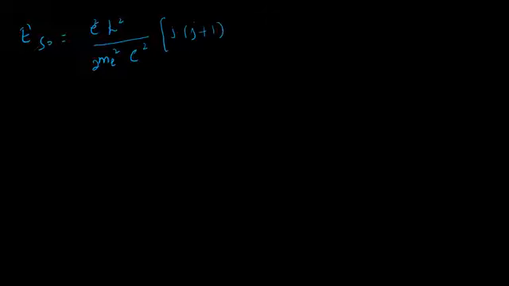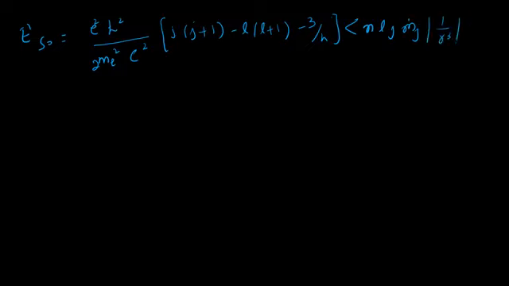We can write it like E1s is equal to e square over m e square c square into j(j plus 1), these are the values of L dot S, minus l(l plus 1) minus 3 by 4, and now we have <n l j m_j| 1 over r cube |n l j m_j>. So now we have to solve this term.